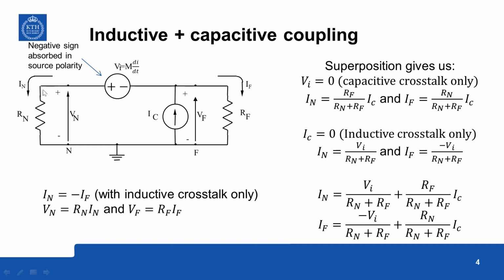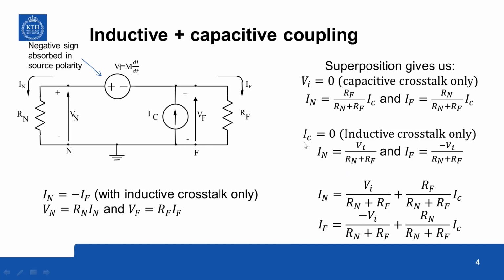Then in that case IC is shared between the two resistors, so In will be Rf by Rn plus Rf times IC, from circuit analysis, and similarly for IF. So you have different currents split, but in terms of voltage, it will be multiplied by Rn here and by Rf here, that we will see in the next slide.